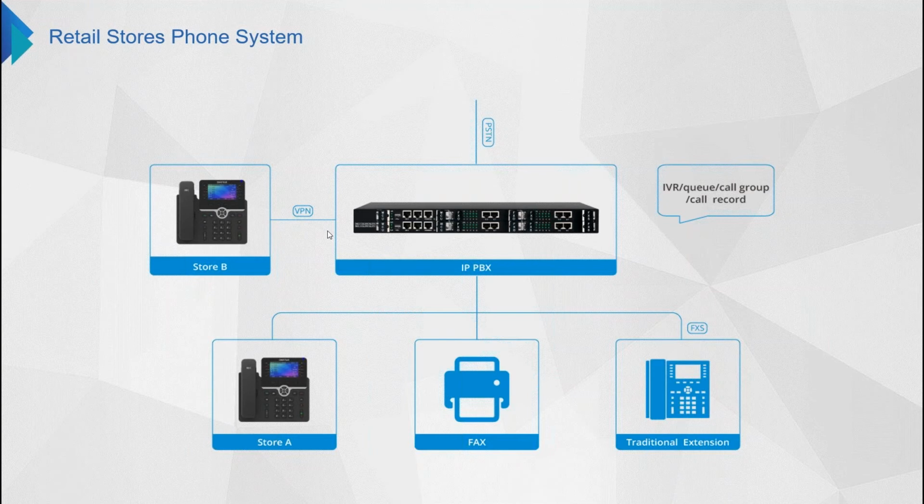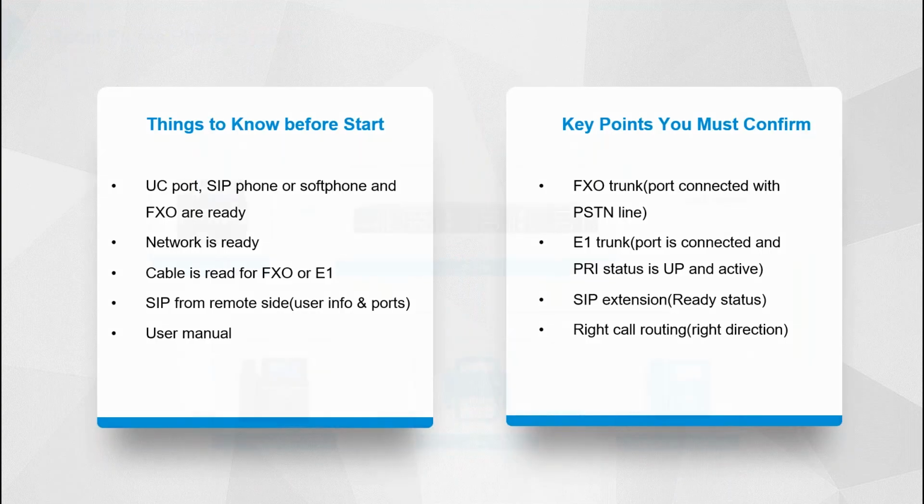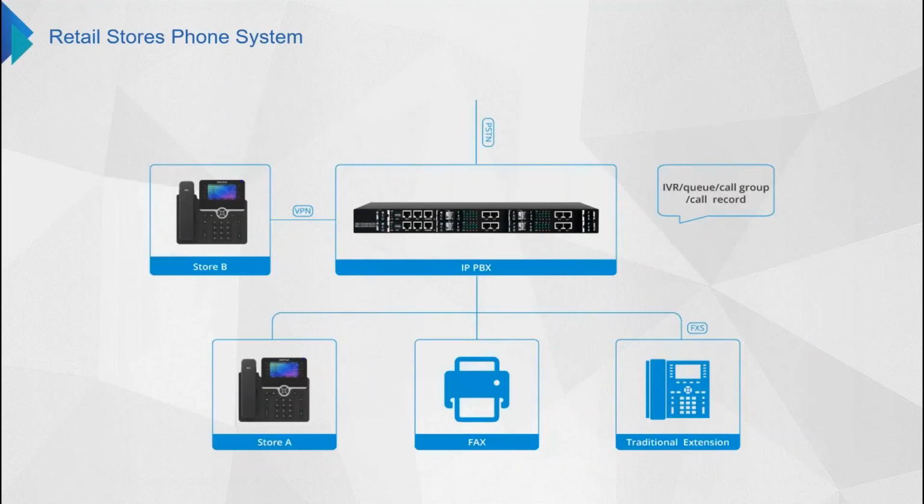So maybe you just set up one in the headquarter, and store A put the phone extension. Maybe you put the fax or phone here, and store B we just connect the system by VPN. That's all. We can cover maybe the whole place.